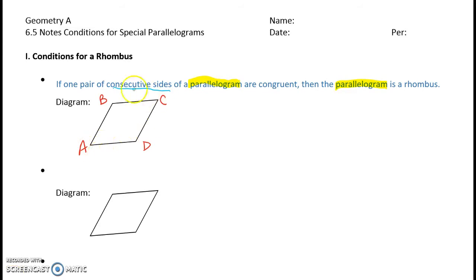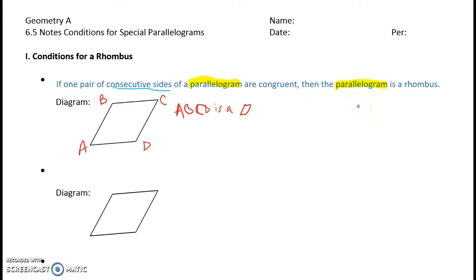So let's take a look at this diagram down here. We've got this quadrilateral ABCD, and we need to know a couple of things about it before we can conclude it's a rhombus. First off, we need to know ABCD is a parallelogram. Then secondly, this theorem says if one pair of consecutive sides are congruent, then the parallelogram is a rhombus.